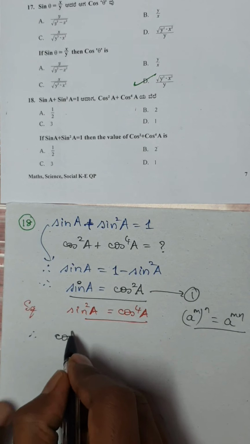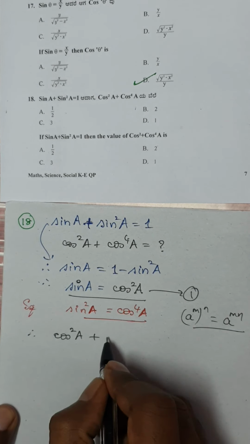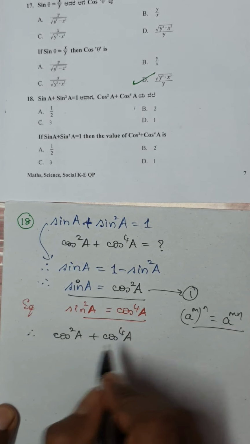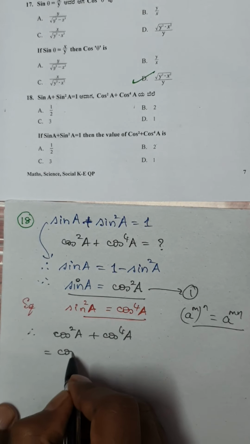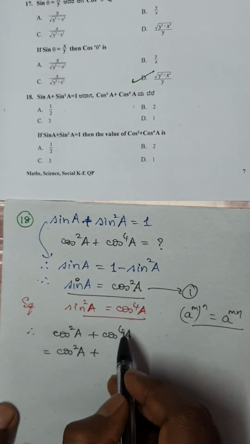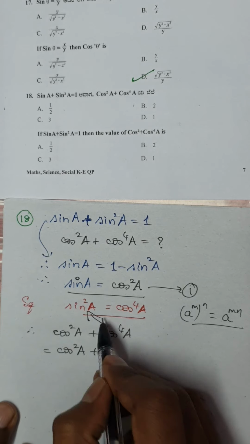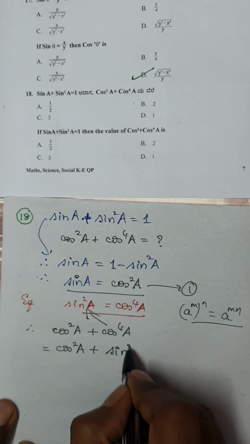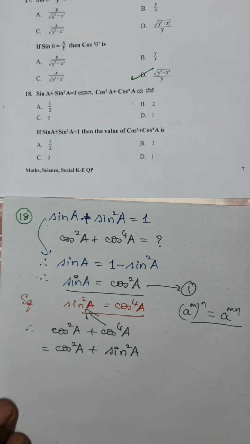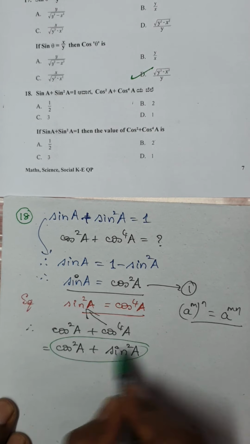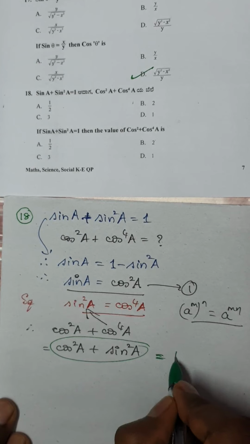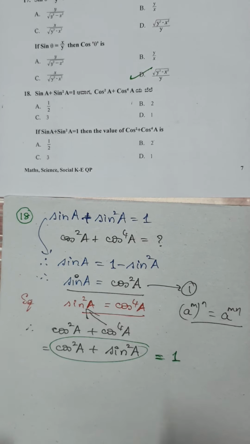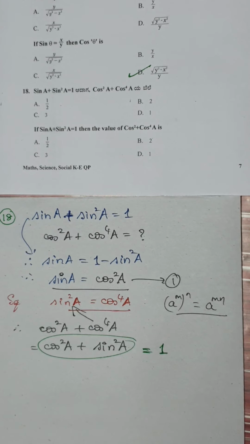I want cos square A plus cos power 4A, isn't it? So keep this cos square A as it is, plus cos power 4A. From here I will fetch the value: cos power 4A is nothing but sine square A. This is a very standard result. Sine square A plus cos square A is purely 1. This is the basic trigonometric identity.